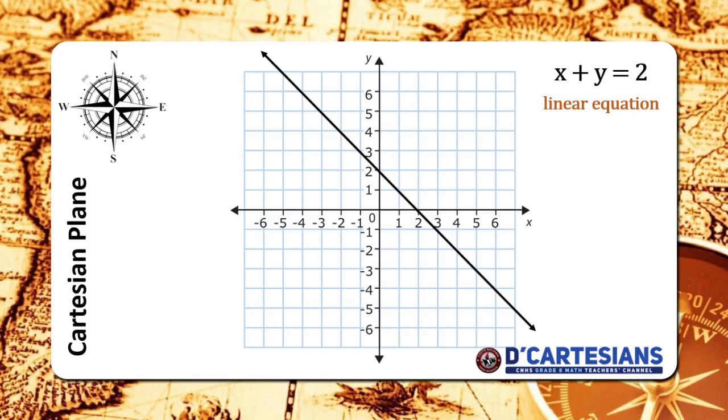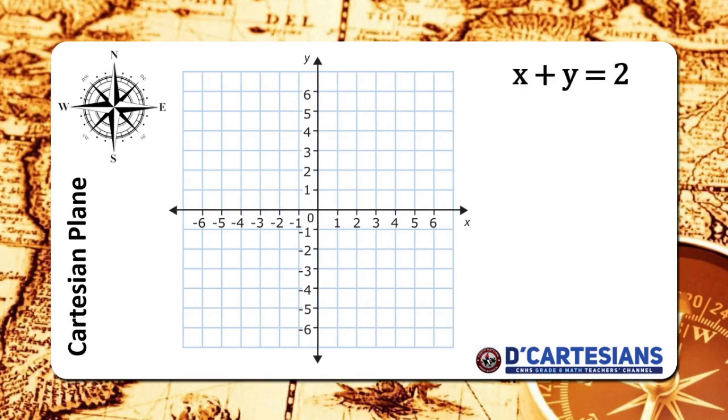Kaya siya linear equation because it formed a line nung siya ay ating ginraph. And anyway, another clue para malaman natin kung isa siyang linear equation, the highest exponent is 1. Okay? This particular equation also has two variables. Okay? Ang variables natin ay si x at si y.